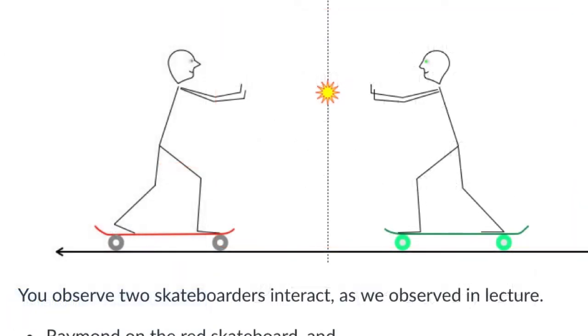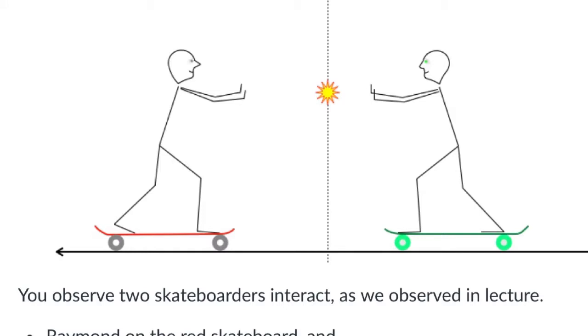What I want to talk about now is to go back to this idea of skateboarders interacting and exchanging momentum. We're going to have some homework problems. I think we may have had this one as a homework assignment already.